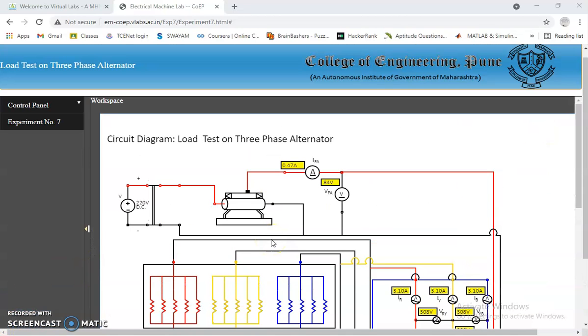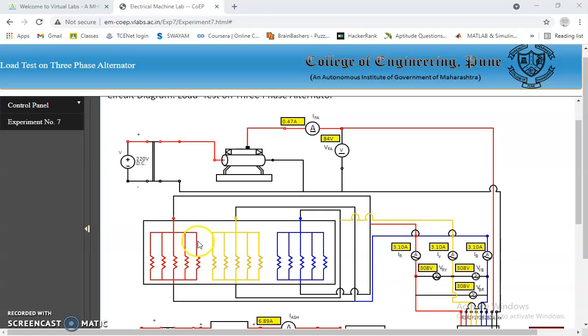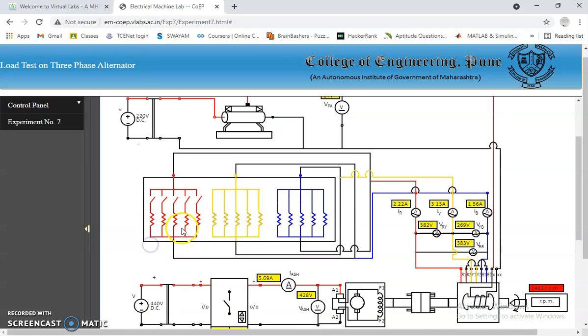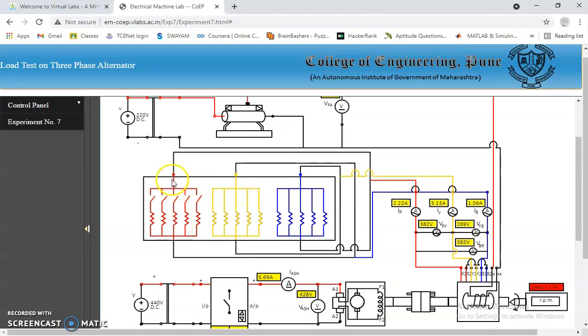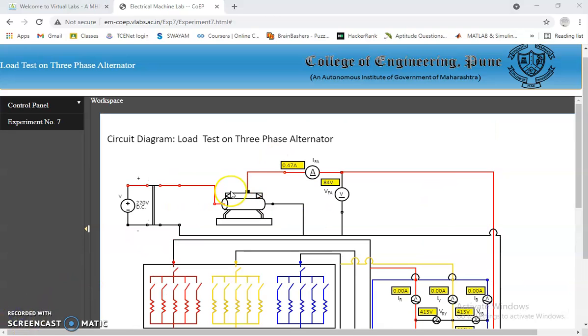Although the experiment is done in a virtual lab, the most important thing is we have to disconnect everything. So first we are removing all the loads. Now all the loads are getting removed. And then bringing down the excitation voltage to its minimum position.